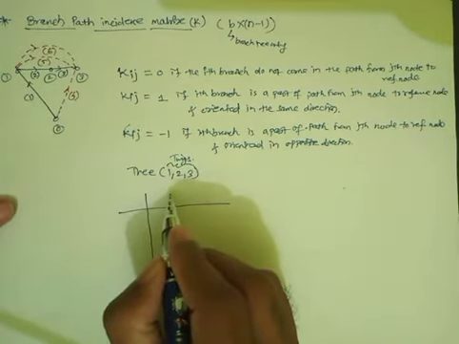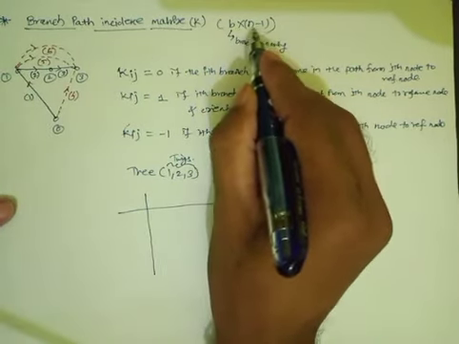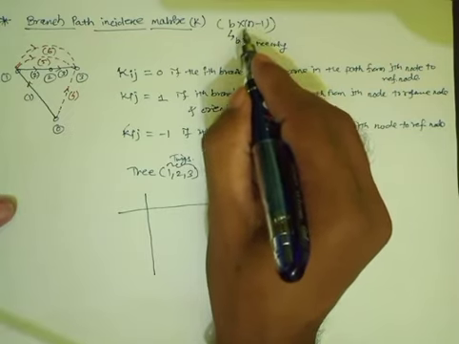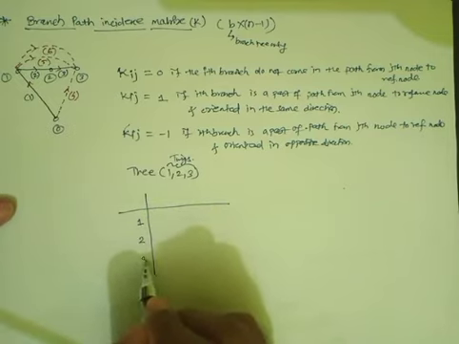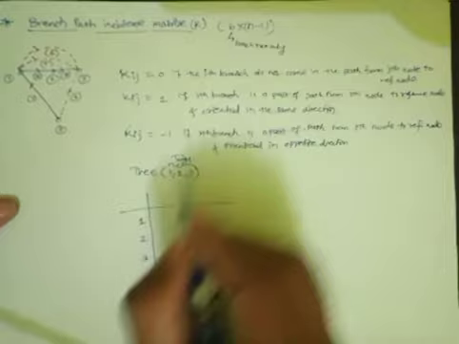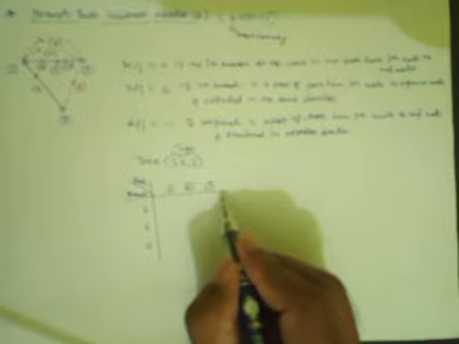Branches cross n-1, so here branch 1 2 3, and n-1 means 3, node number 1, node number 2 and node number 3, so we will get this 3 by 3 matrix, that is between branch, and this will be path from node number 1, path from node number 2 and path from node number 3.